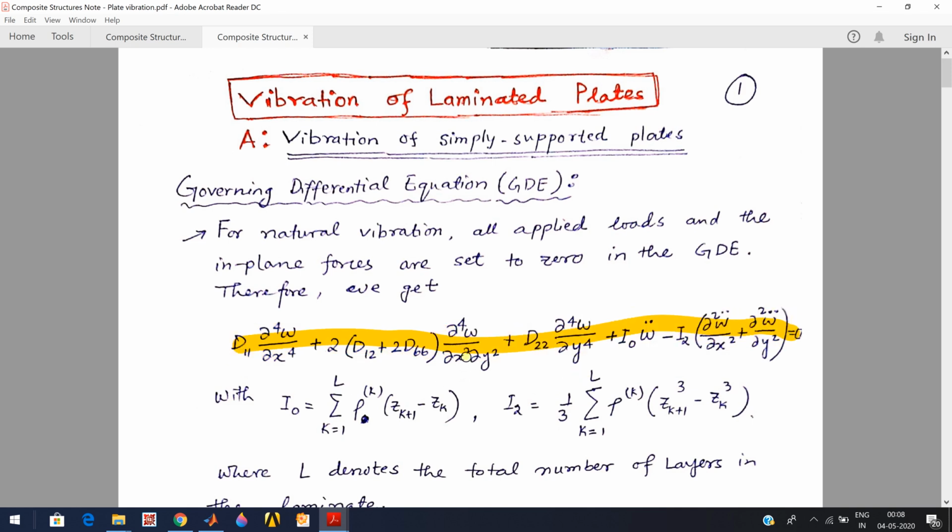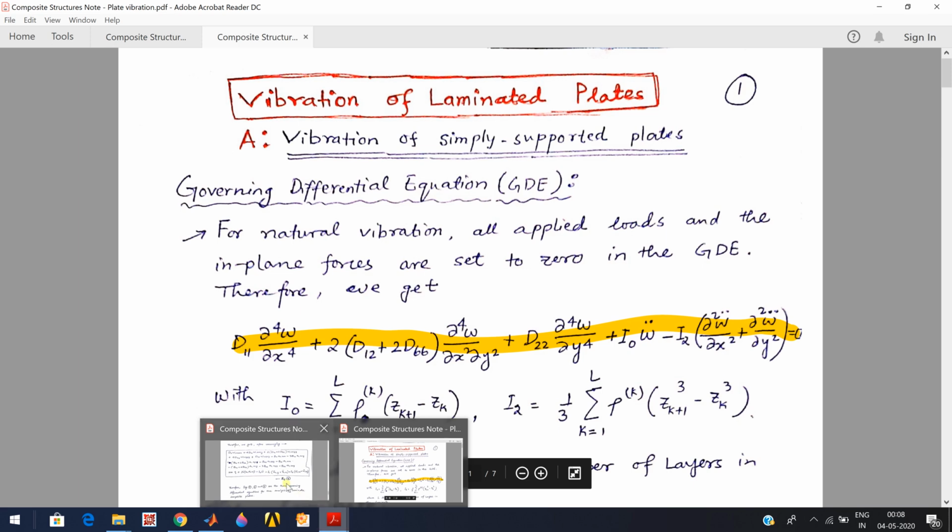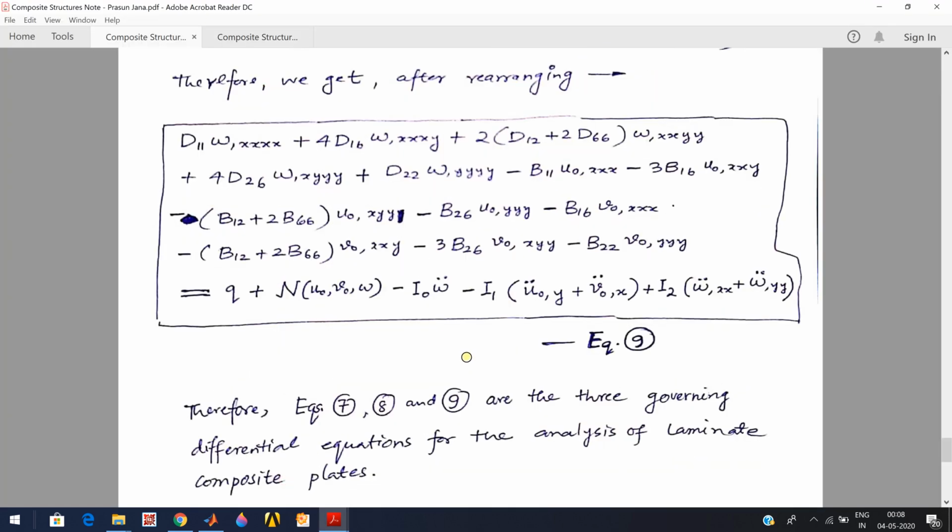And this equation is obtained from the more general equation which I have already shown in my first handouts, and that is equation 9.